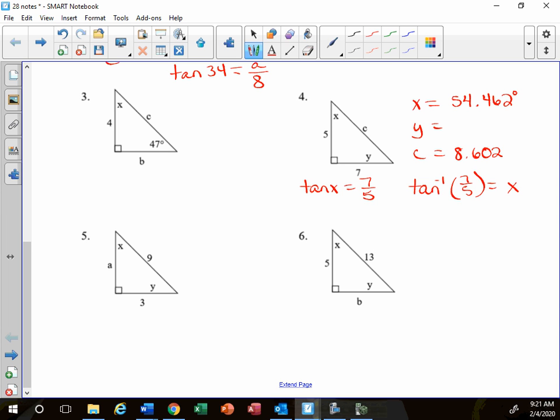All right, how are you going to find y? Okay, inverse tangent 5/7, yeah. And hopefully those angles add up to 90, right? Being the two acute angles of your triangle. All right, one more on this page, guys. Go ahead and try number 5 for me.